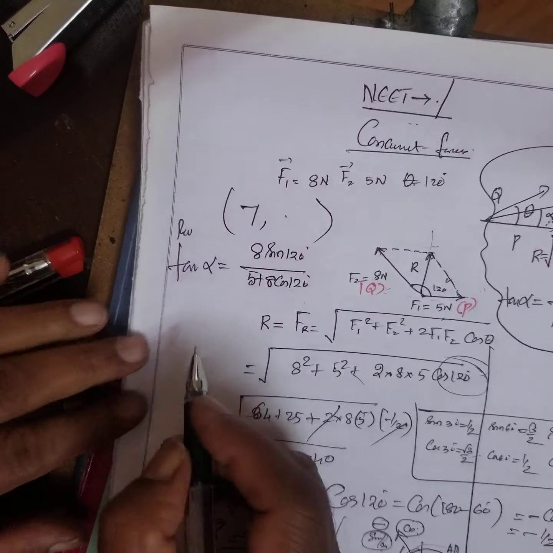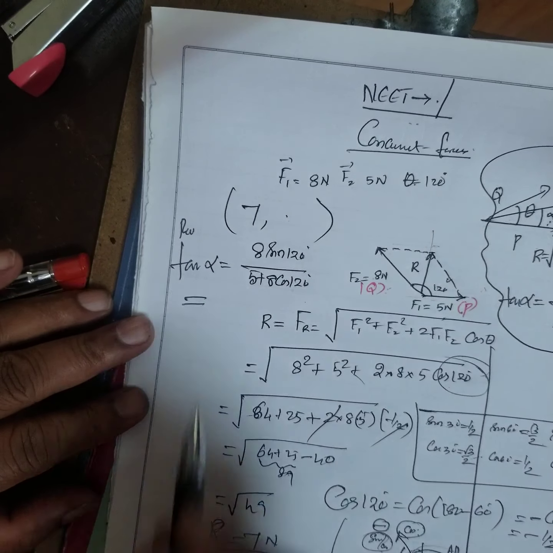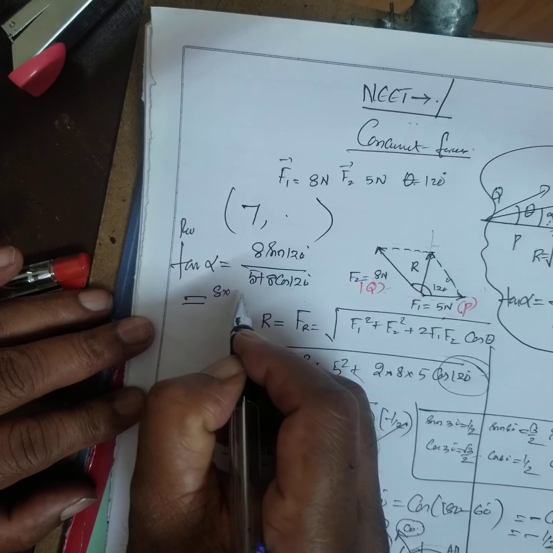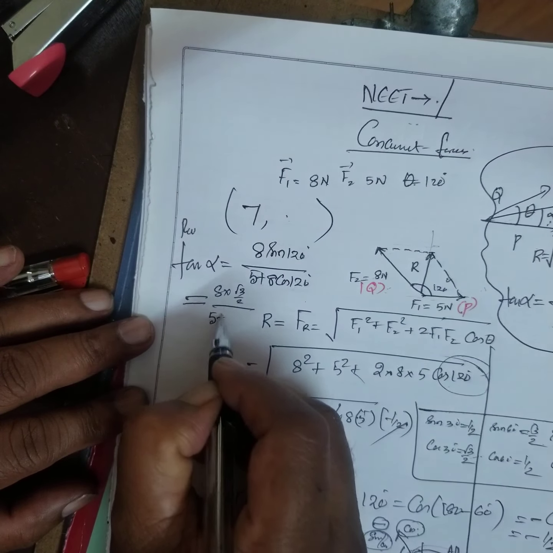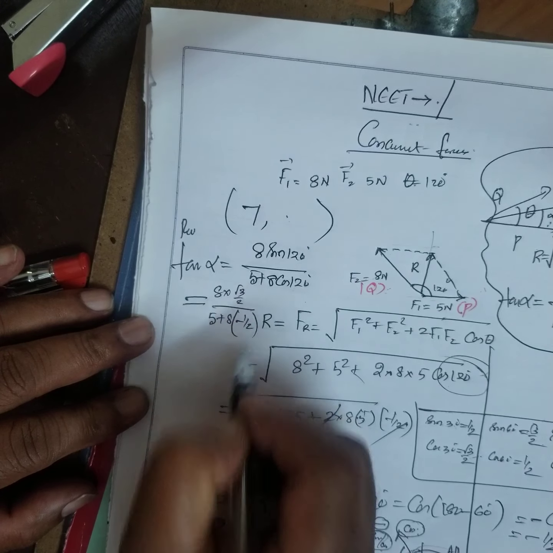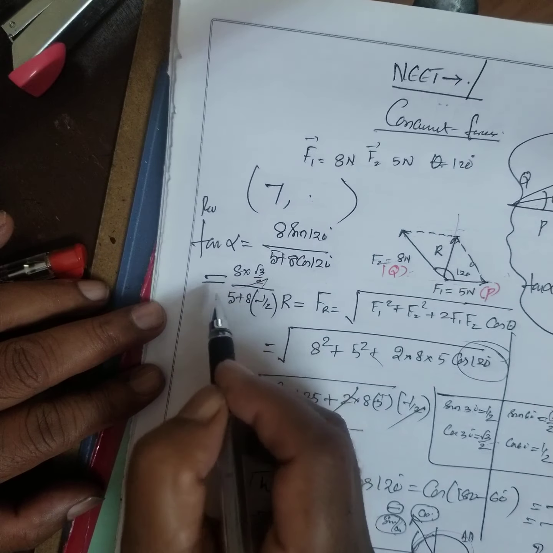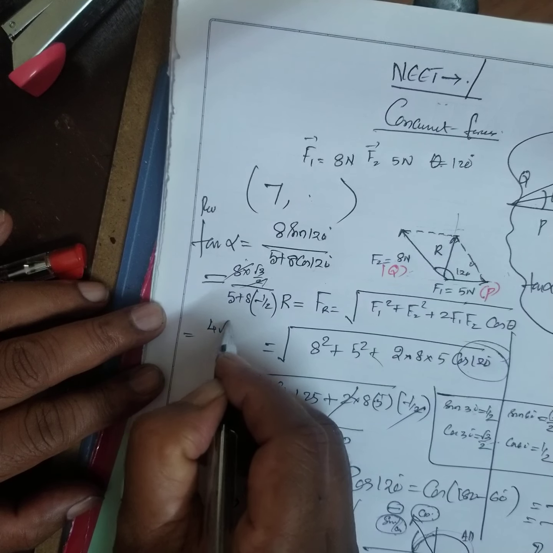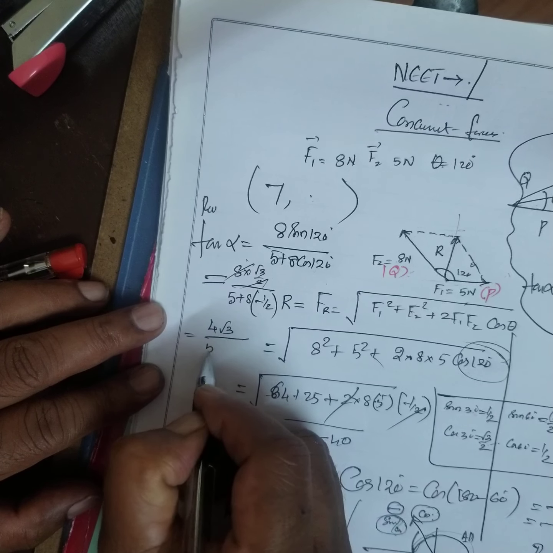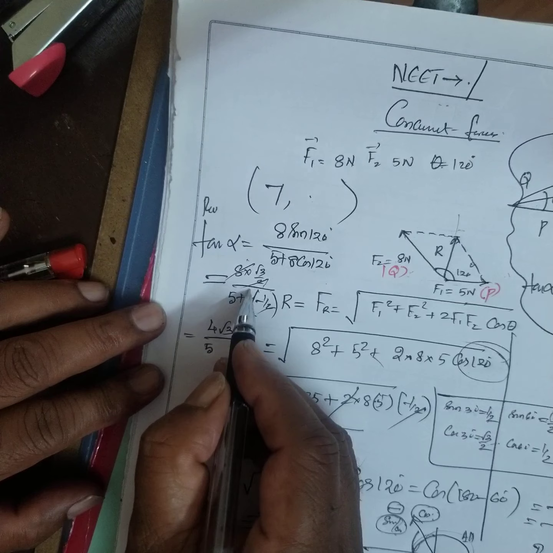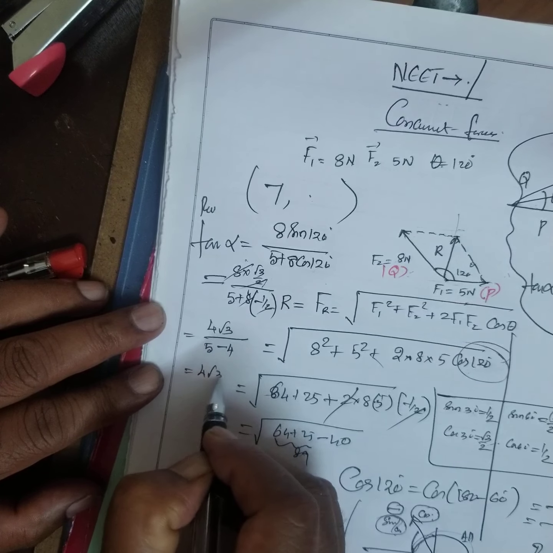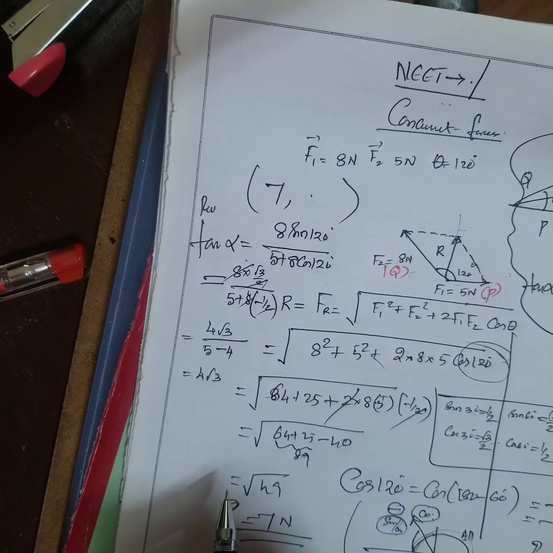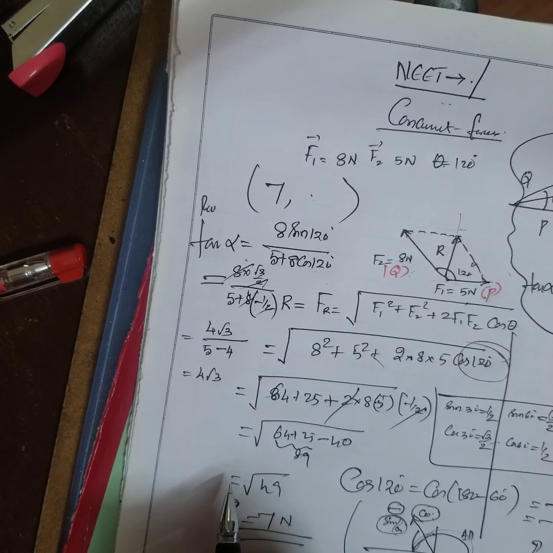Therefore tan alpha is equal to 8 into root 3 by 2 divided by 5 plus 8 into minus half. The 2 gets cancelled here: 4 root 3 divided by 5 minus 4, that is 4 root 3. Got it? Understood? See again, 4 root 3.